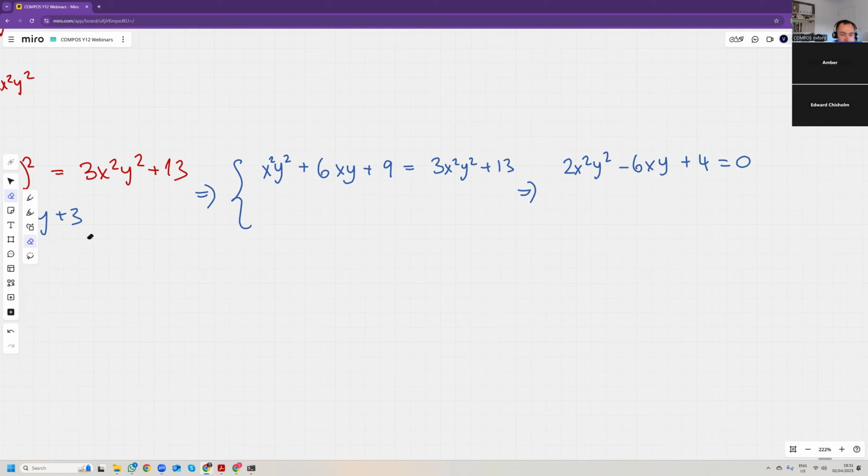We can divide the whole thing by 2, and that brings us that xy is either 1 or xy is 2. Right? It's a quadratic equation in terms of xy. Do you see that, or would you like me to explain?